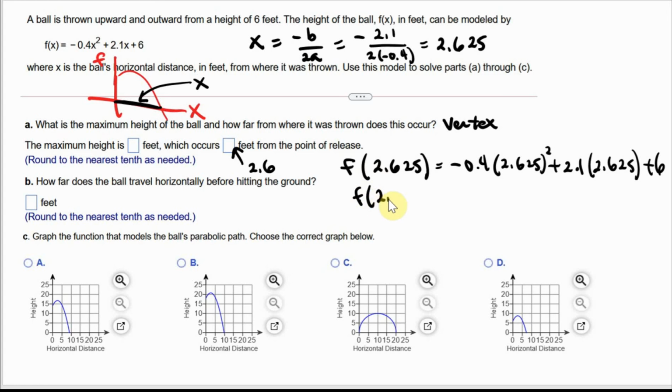So we get this height. That guy comes out to be 8.756. And we'd just say 8.8.